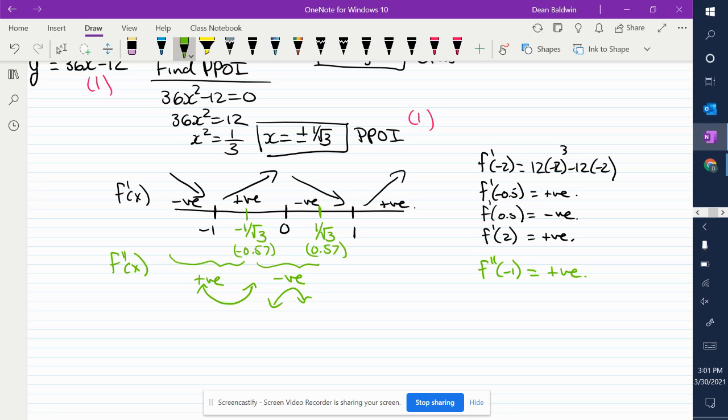And then you test on the other side of 1 over root 3. What would be the easiest number? 1. What do you get? Positive. f double prime of 1, I get positive. So it's concave up. Okay.